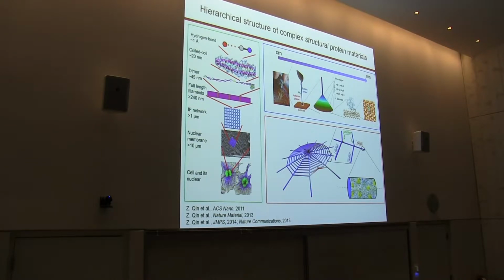They go across different scale levels from the angstrom scale all the way to the micrometer scale. This structure is so complicated that we call it a hierarchical structure. There is no continuum mechanics or theory that can describe all those different structures across different scale levels.